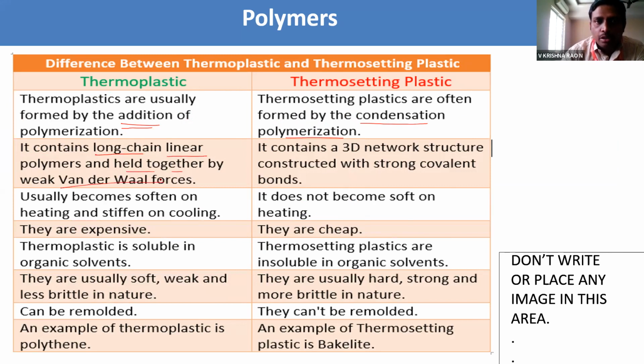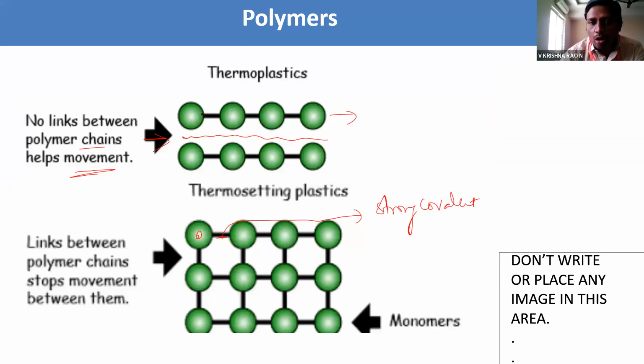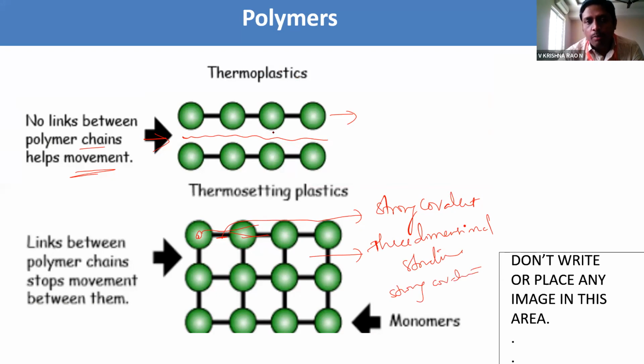Thermosetting plastics contain a three-dimensional network structure with strong covalent bonds between the polymer chains.